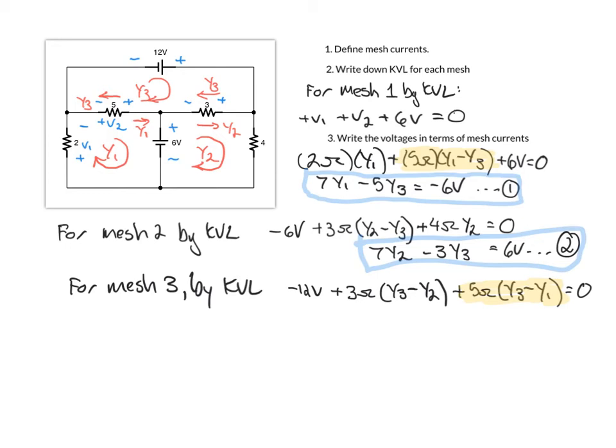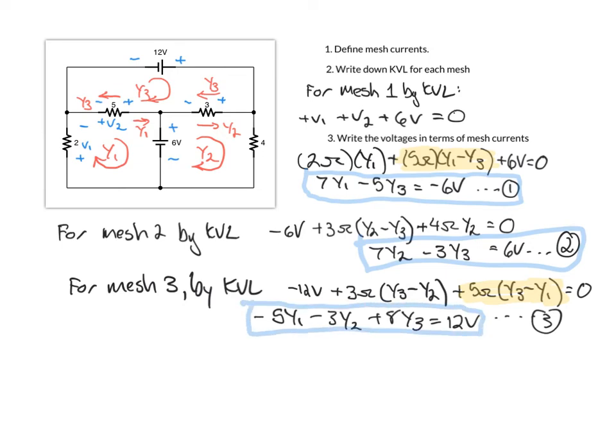So if we gather like terms and put the known quantities for mesh 3 on the right hand side of the equation, we get minus 5Y1 minus 3Y2 plus 8Y3 equals 12 volts, and that's the third equation we need. So we now have 3 equations and 3 unknowns, and it's just simple maths.